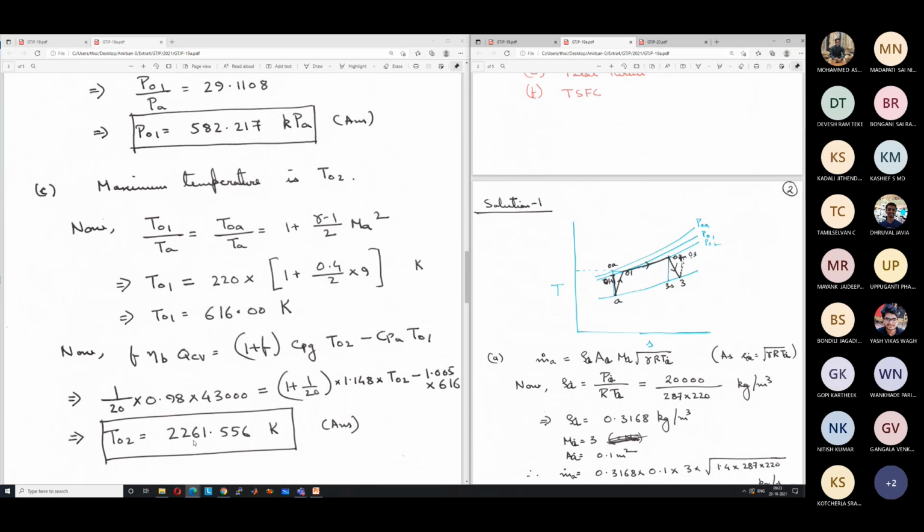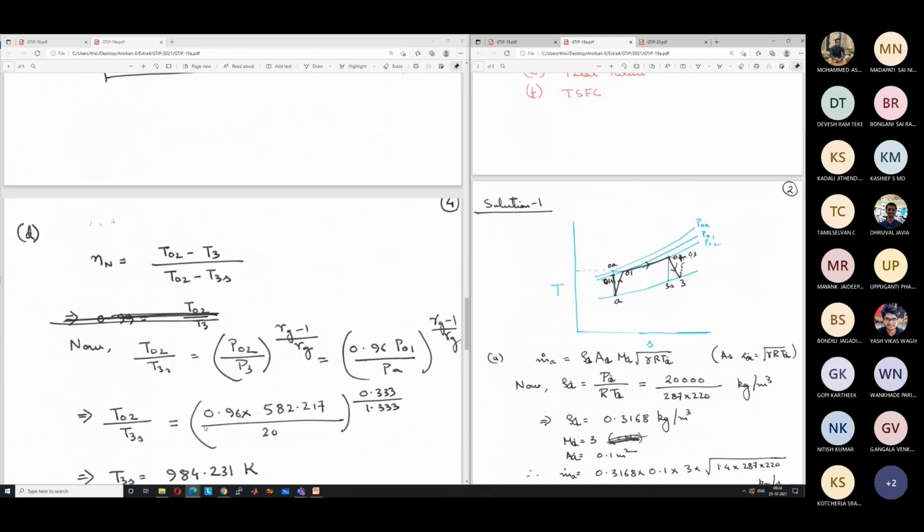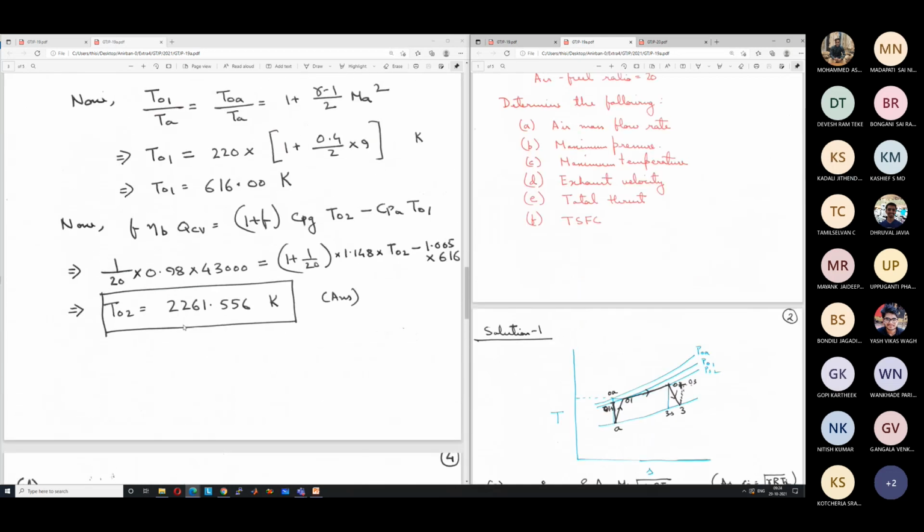The advantage is that we have a very large enthalpy available for expansion in the nozzle. So the exhaust velocity generated in the nozzle is quite high. As a result, the aircraft can fly at very high velocity. Here we find that it is beyond 2000 Kelvin. So this is the maximum temperature in the cycle.